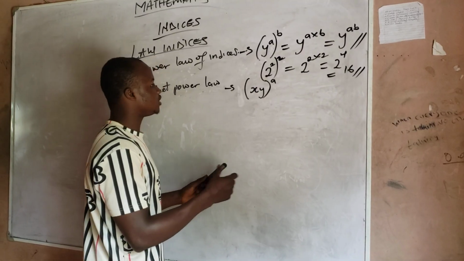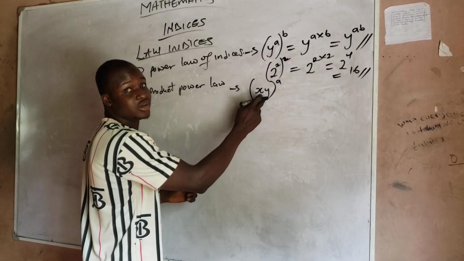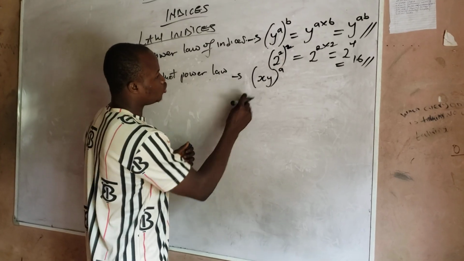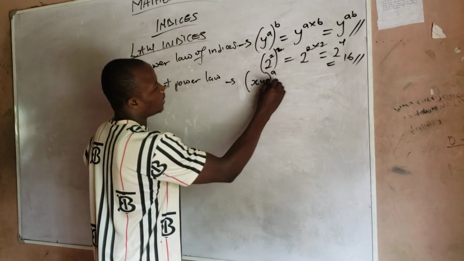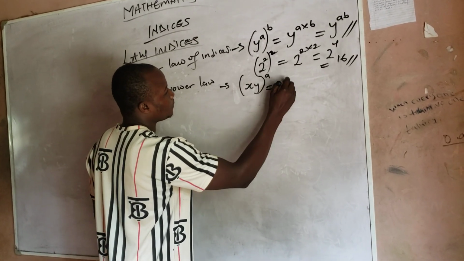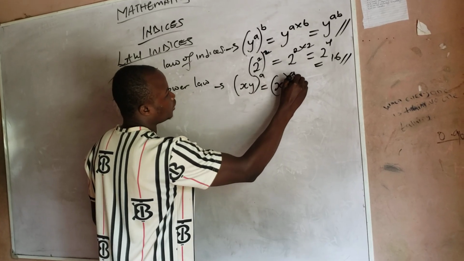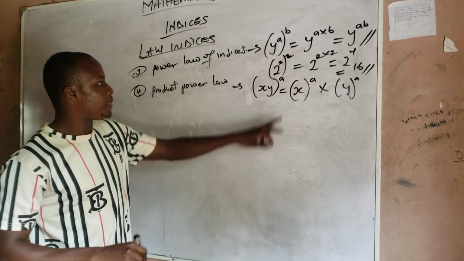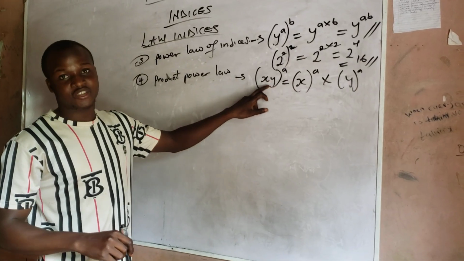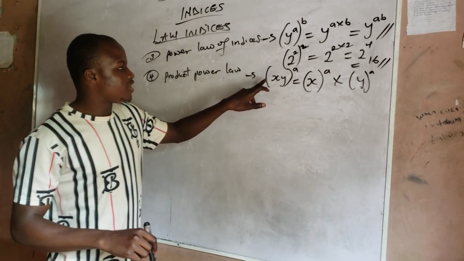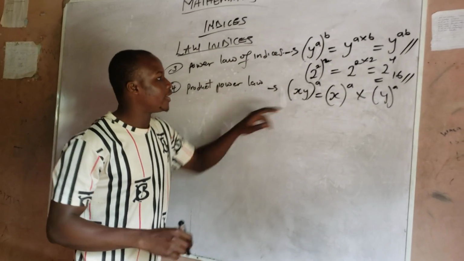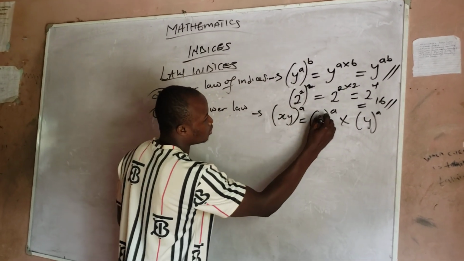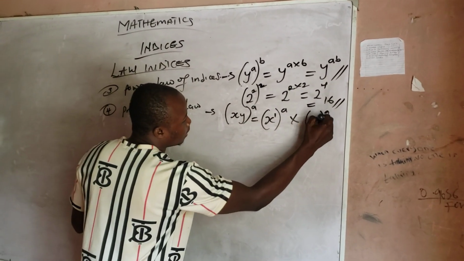The product power law is telling us that whenever we have 2 numbers like this raised to a power, we apply product power law by doing x raised to the power of a times y raised to the power of a, because this power affects both x and also y. Don't forget that this is power 1, right? And this is power 1, right?